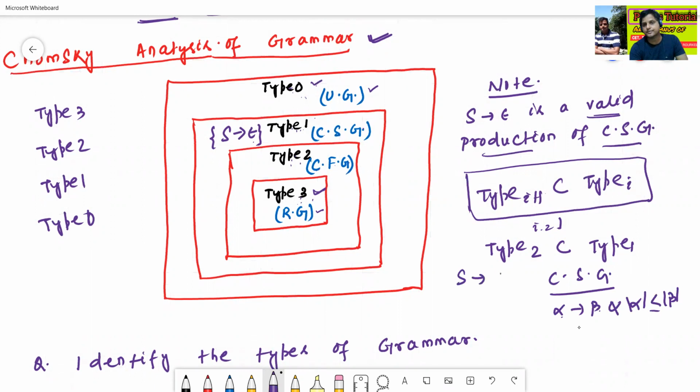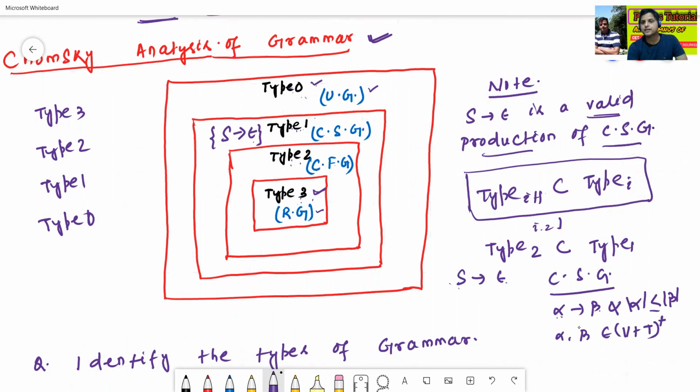See here, S to epsilon. S belongs to alpha and epsilon belongs to beta or not? Alpha and beta belong to (V plus T) whole plus.